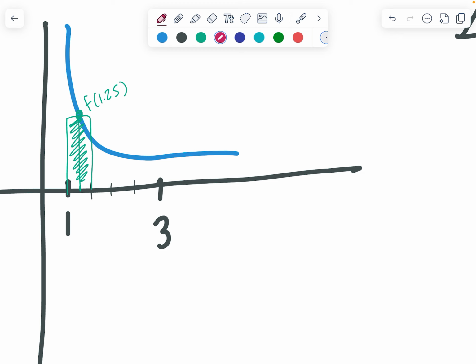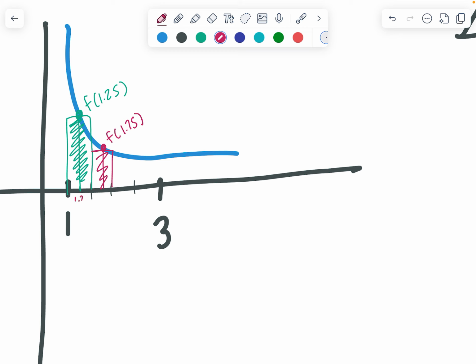I'll do it again. I'm going to use a different color. So I'm taking this rectangle right here. I'm finding its midpoint, which is here. And then I'm creating my little rectangle, and this point right here that represents the height of my rectangle is f of 1.75. So this is what I mean by all of these numbers are really weird, right?